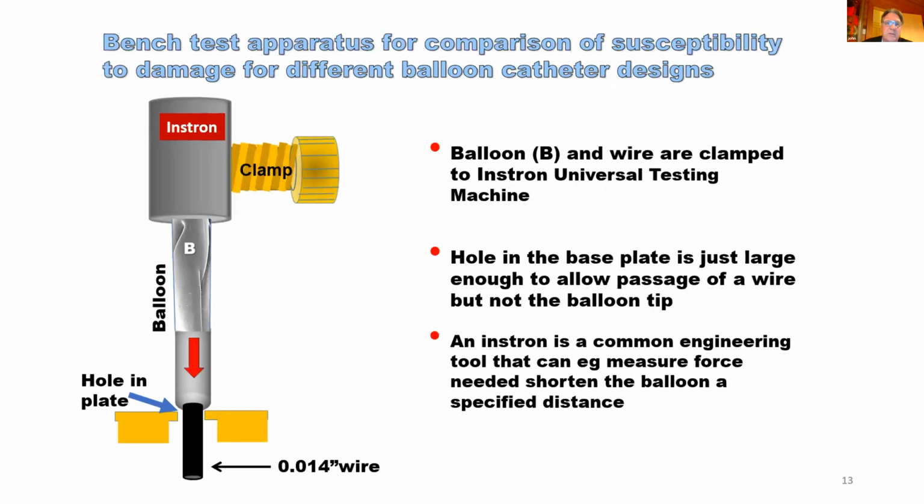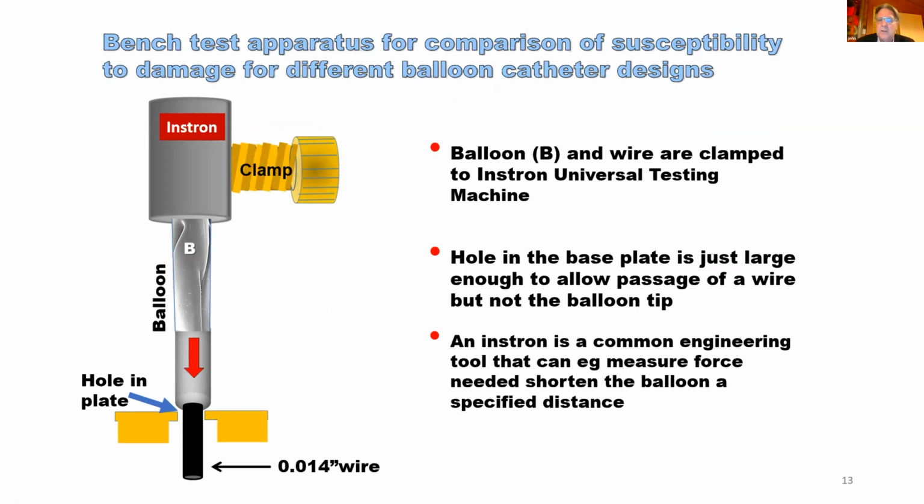We aimed to compare different balloon designs for susceptibility to damage. This is the apparatus we used. Here's a balloon, and it is passing over a 0.014 wire. We had a hole in a plate that was just enough to accept the wire, but not the balloon tip. And then we attached this to an Instron.